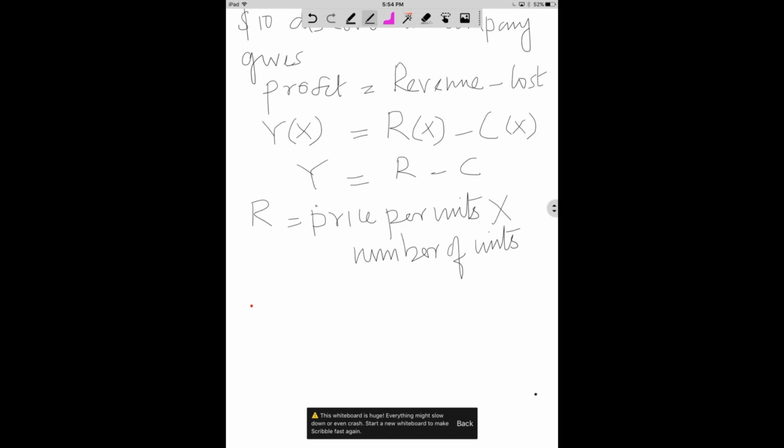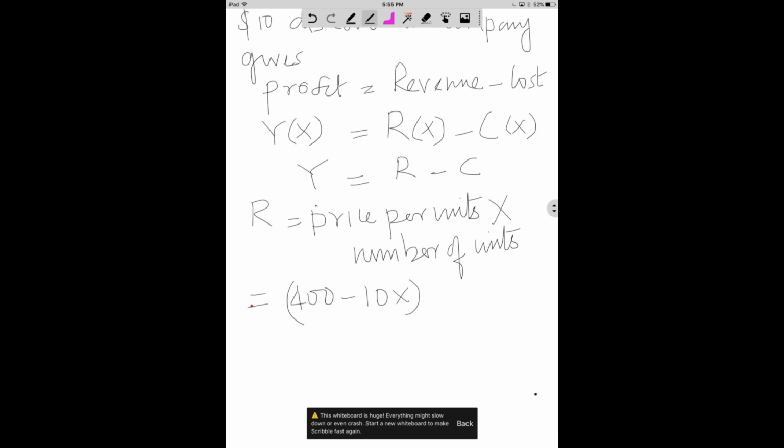Before the discount, the price of a unit is $400. After discount, we are going to write 400 minus 10x. Here x is 1, 2, 3 integers, or it can be any number like 2.5, 3.5, 4.5. So price is 400 minus 10x, times number of units.